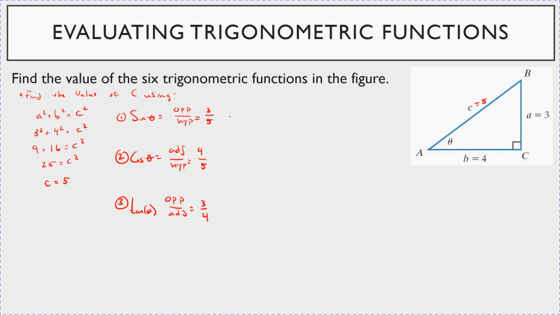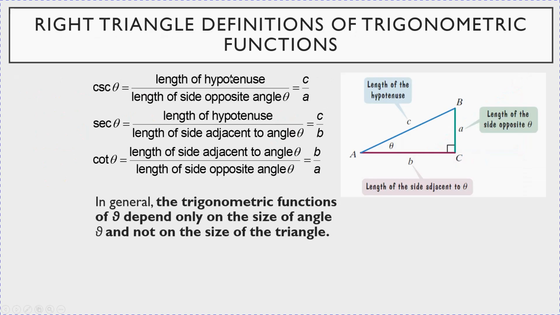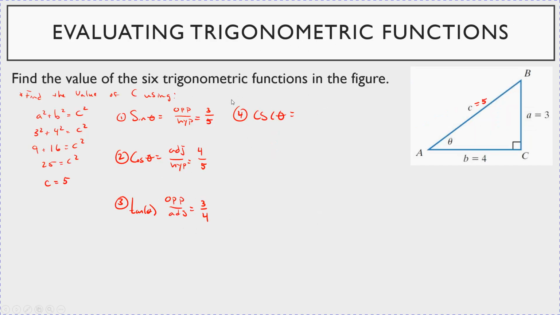Okay, so then next we have cosecant of theta. All right, so looking back, what is cosecant defined as? It's hypotenuse over opposite, c over a. Well, look, it's just the reciprocal of this, so it's just 5/3.